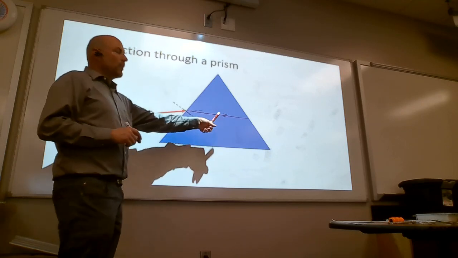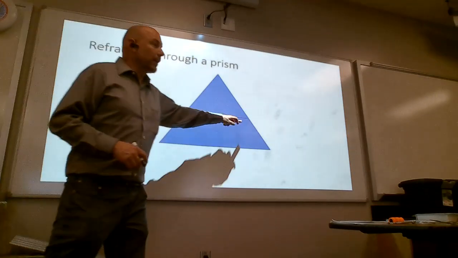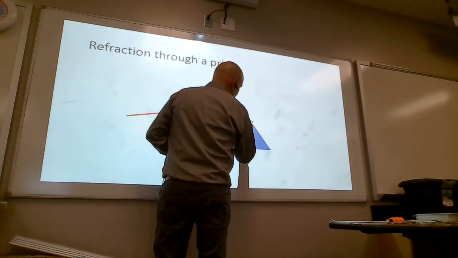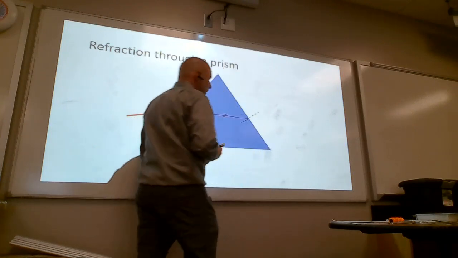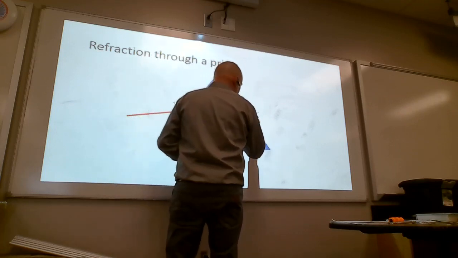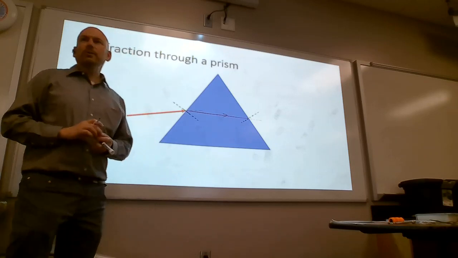All right. Show me the normal line on this interaction. Perpendicular to the surface. Okay. And is it going to bend? So this is no refraction. What's it going to do? Bend away or towards the normal line?